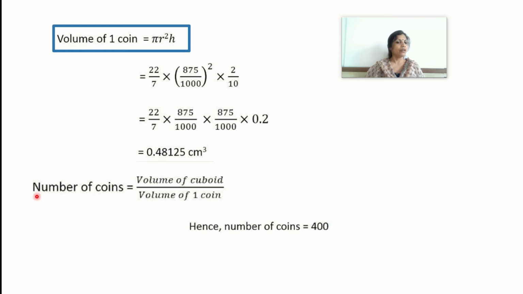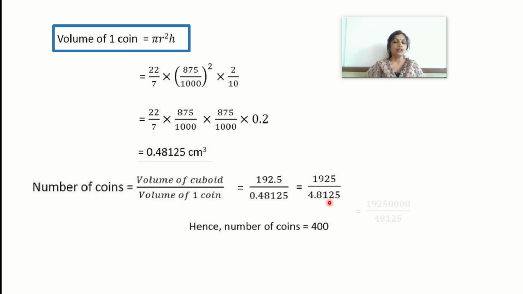Now we can find out the number of coins because we have got the volume of the cuboid and the volume of one coin. Let us substitute the values into our formula. So volume of cuboid is 192.5 upon volume of one coin is 0.48125. Let's take out the decimal point from the numerator. So our value will be 1925 upon 4.8125. Let's now take out the decimal point from the denominator as well.